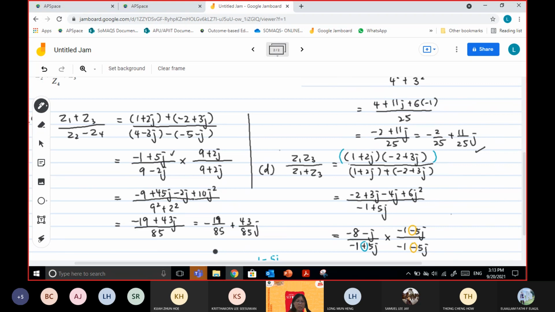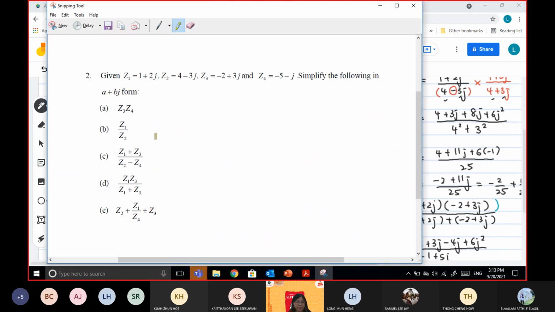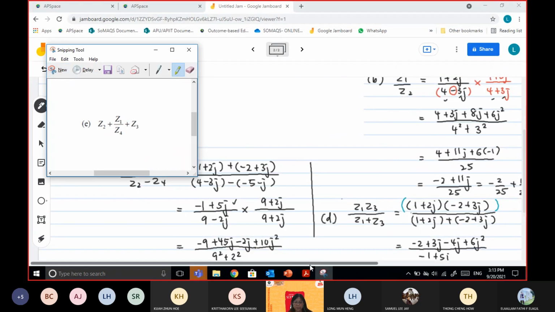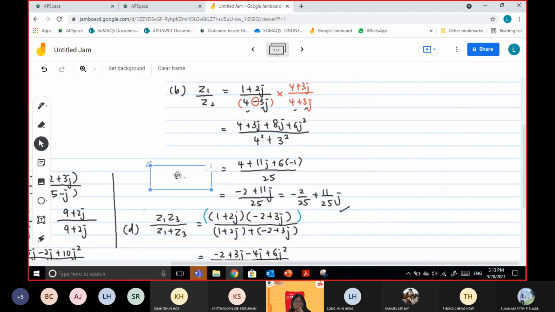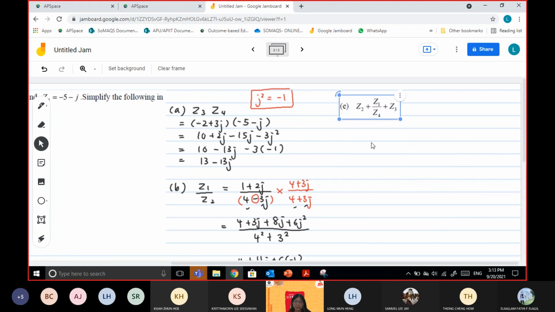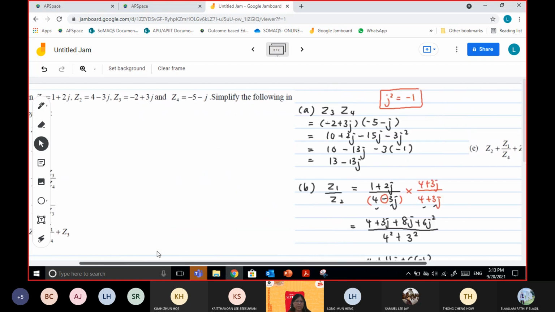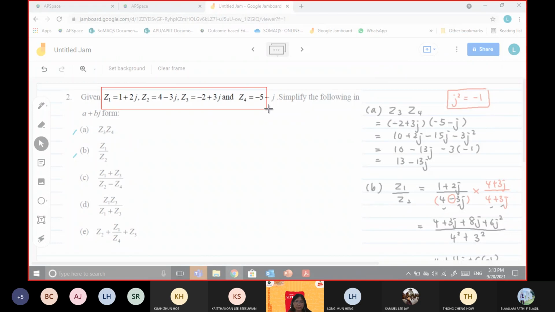Next one is E. We need the complex numbers for our reference.